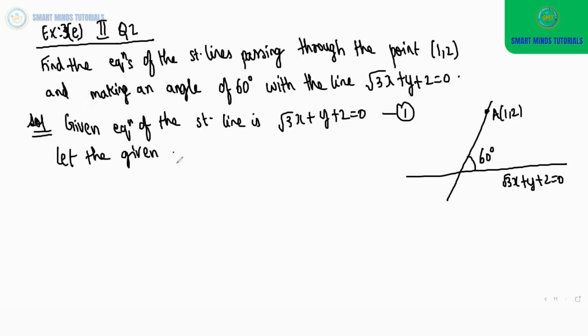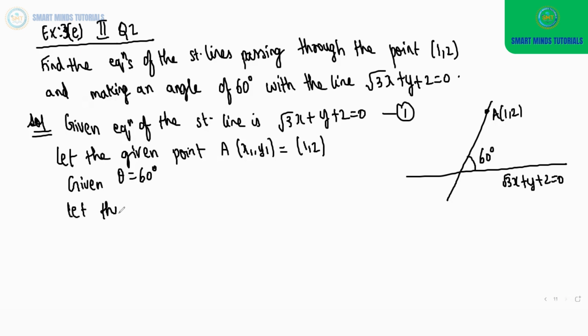Let the given point A x1, y1 is equal to 1, 2. Given theta is equal to 60 degrees. Let the slope of the required straight line be m.